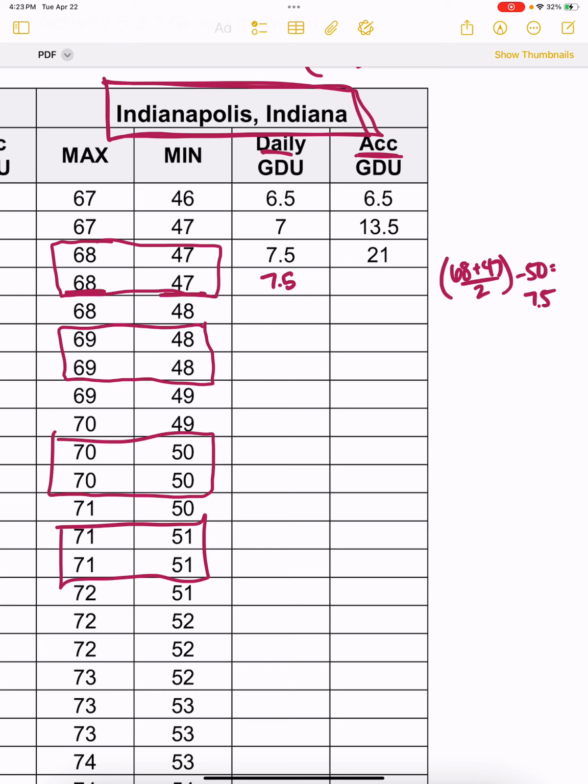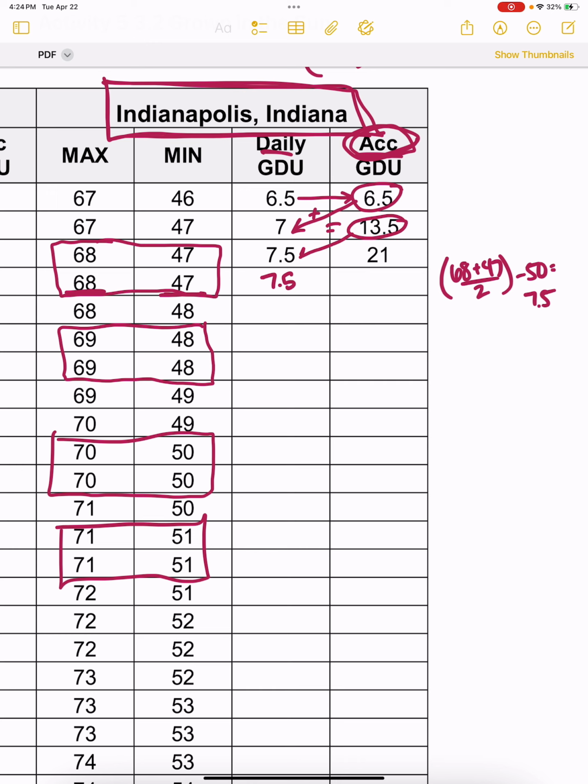Now if we go over here to this last column, this accumulated GDU column, this is really important because this is going to be your running total of growing degree units. That way you know how close you are to that 1,100 units. So this one just copied over. In order to do this one, I take this number plus this number equals this one.